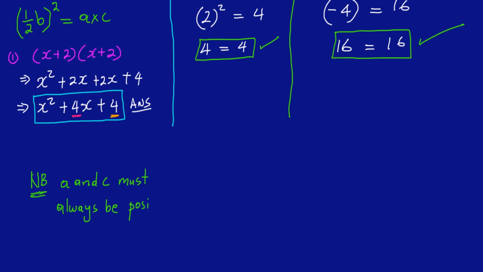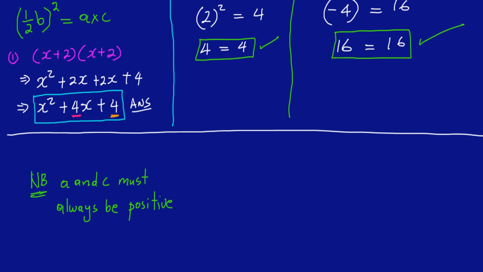So if a or c is negative, then the quadratic is not a perfect square. Okay, and we can prove that quickly. So let's look at another quadratic, and we can prove that if a or c carries a negative value, then the quadratic is not a perfect square.